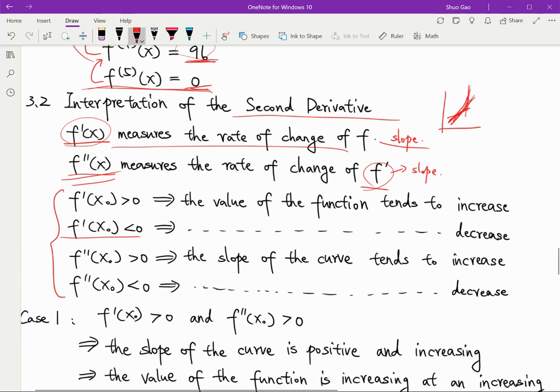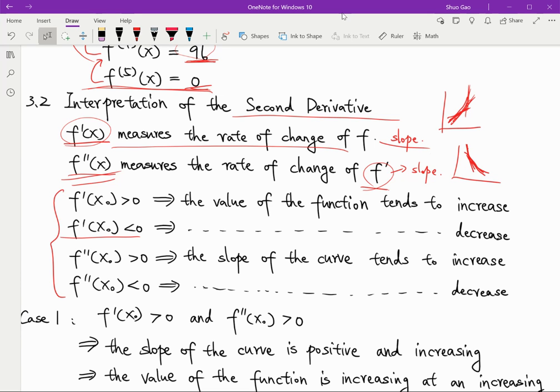And if the first derivative is less than 0, that means the function tends to decrease, right? If all the slopes are less than 0, it's like downward sloping here, so the function is decreasing.